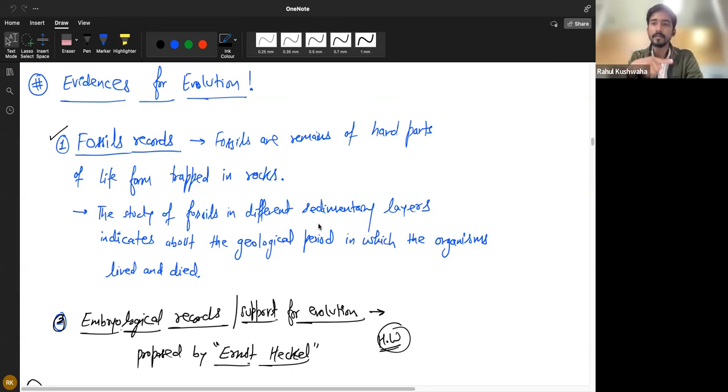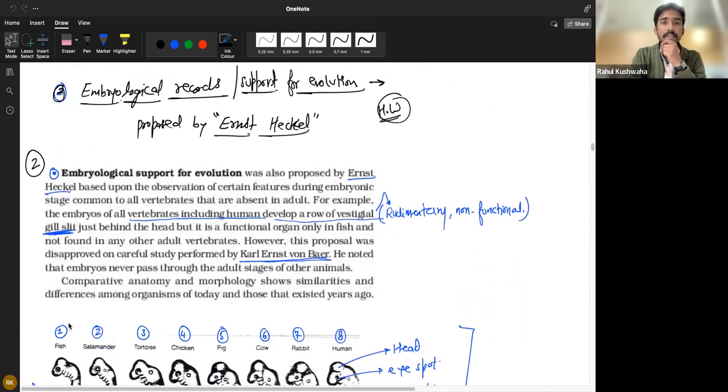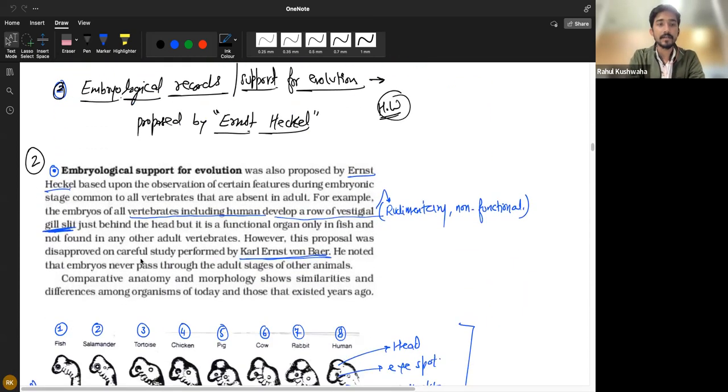As we go deeper in the earth, deeper layers are the older layers, right? So they will tell us about the geological period. And as I told you, we can do carbon dating and uranium dating to get to know the age of that fossil. That was the first. Then we realized that we don't have to always look at the fossils. We can also look at what's currently available to us, like organisms of the present life.